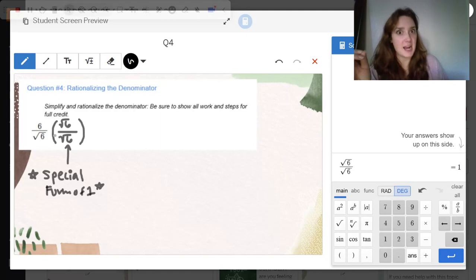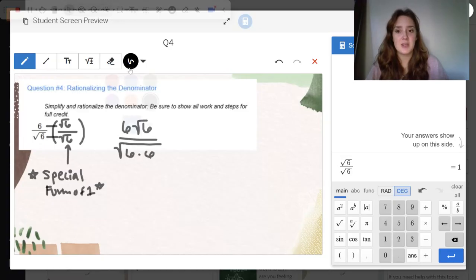When we multiply fractions, we multiply straight across. We're going to go ahead and show those lines, multiplying straight across. Numerator will have 6 rad 6. Denominator, rad 6 times rad 6, that's 6 times 6. Just like on our last question, no index is given, plain old radical, so the index is 2, it's a square root.